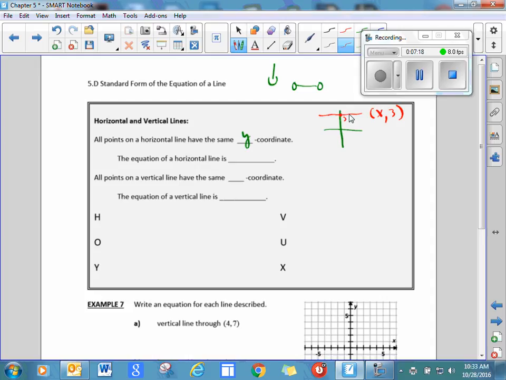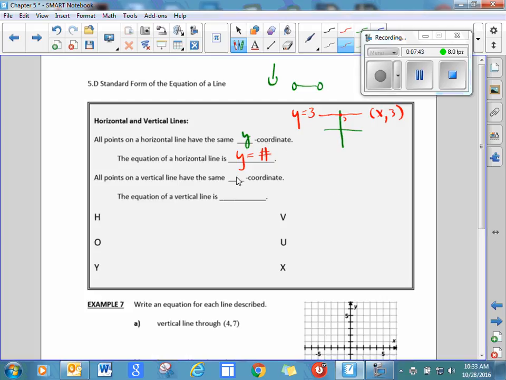So horizontal lines have a different x, but they have the same y. The equation of a horizontal line is y equals whatever number it's cutting through the y-axis at. So in this instance, the equation of this line is y is equal to 3, and there's no x associated with it.